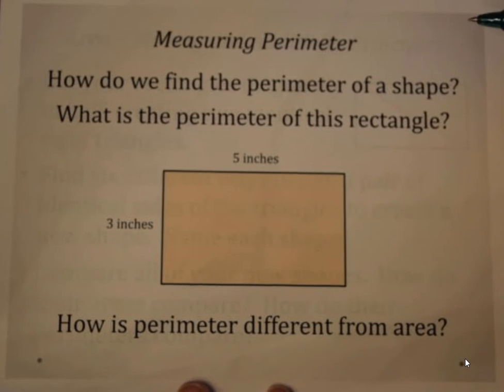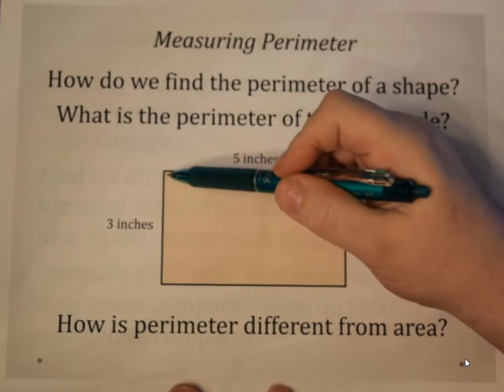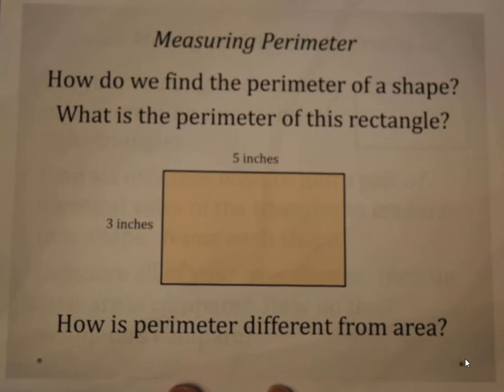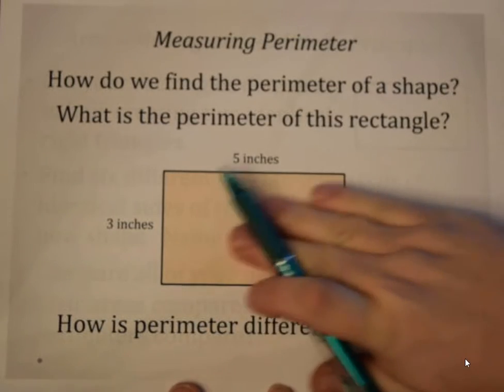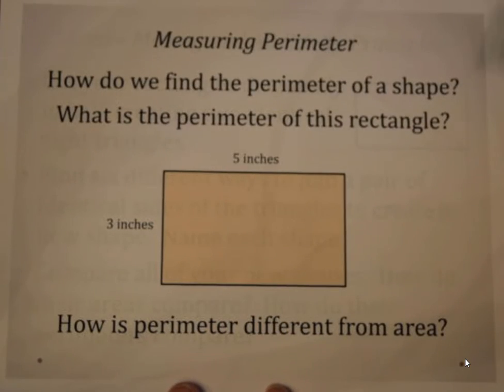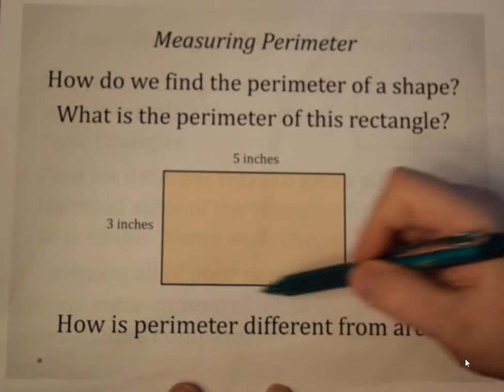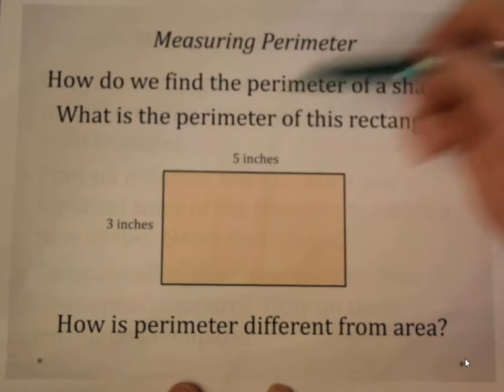So how do we measure the perimeter? What is the perimeter of this rectangle? And then how is perimeter different from area? Well, let's start with this last question. The area takes up the space inside the rectangle, and the perimeter finds the distance all the way around.